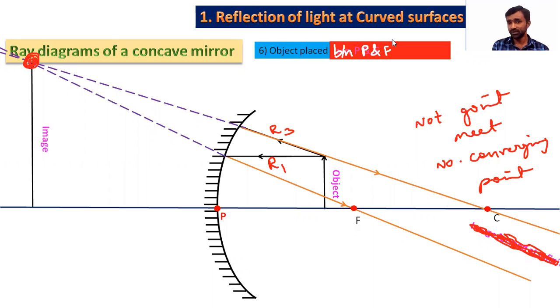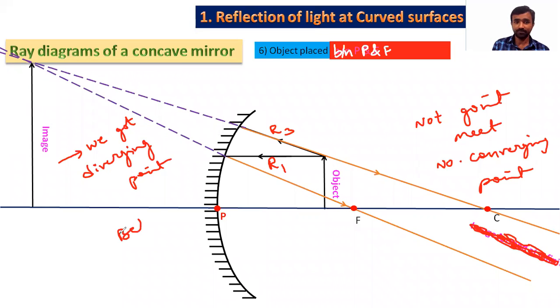What is the difference if you observe closely compared to the previous positions? We got a diverging point behind the mirror.